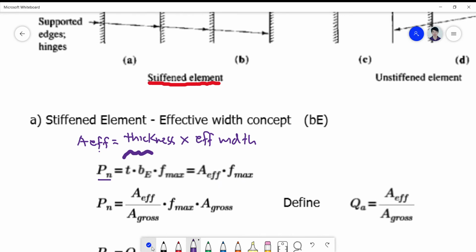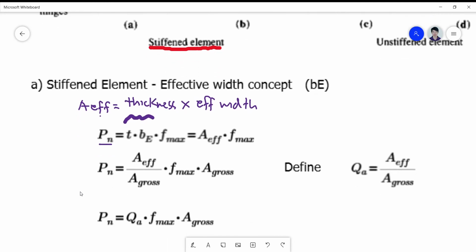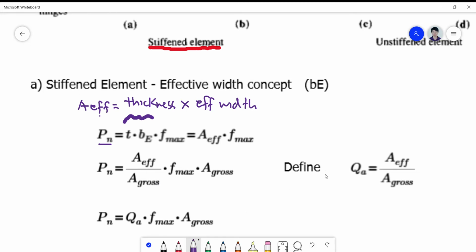To derive a formula to represent the shape factor for the stiffened element, we simply divide this product with A gross and multiply it on top. Hence, we now define a variable QA representing the shape factor for the stiffened element, equivalent to A effective over A gross.